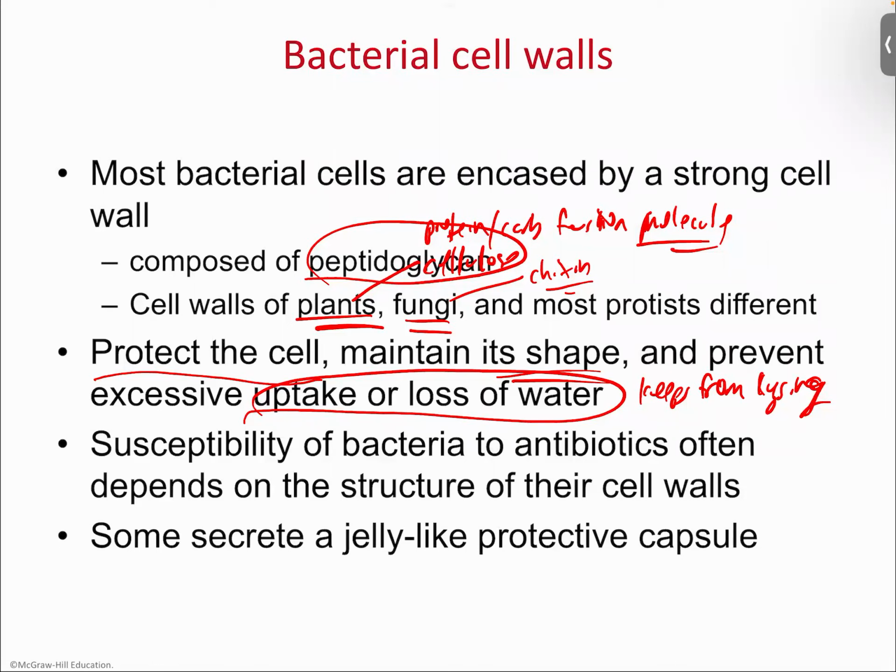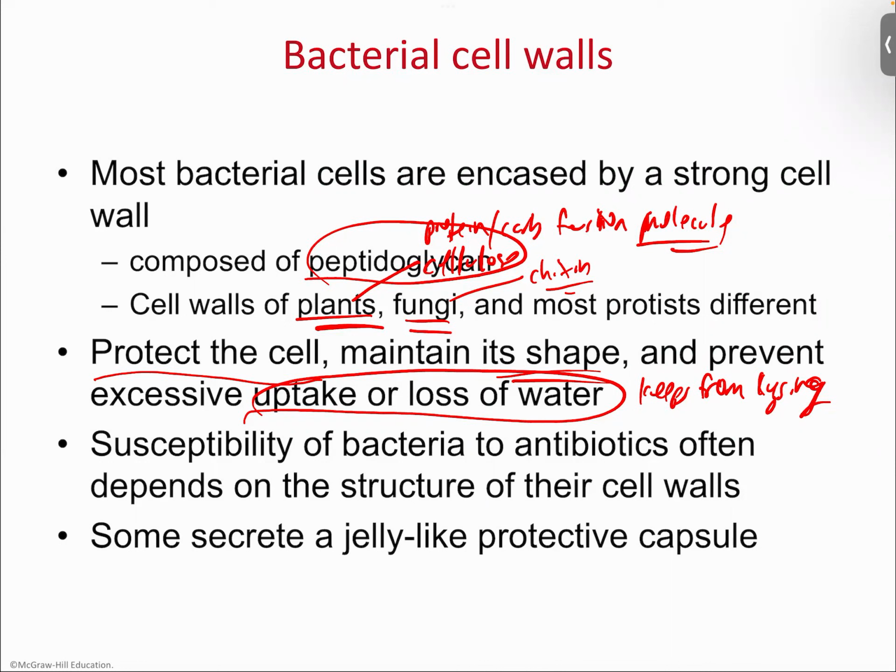What's going to happen? It's going to fill it up, right? And it's going to burst like a water balloon, isn't it? Unless, of course, you have a cell wall, which basically means let water come in all at once. It's not going to hurt me because my cell wall will keep me from bursting. Okay, that's the game. That's the water loss protection.